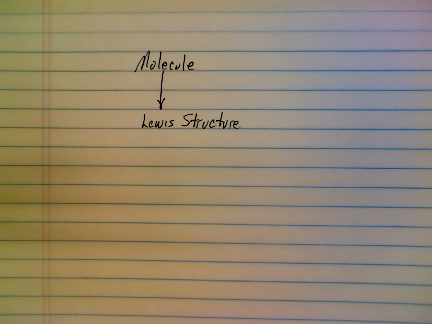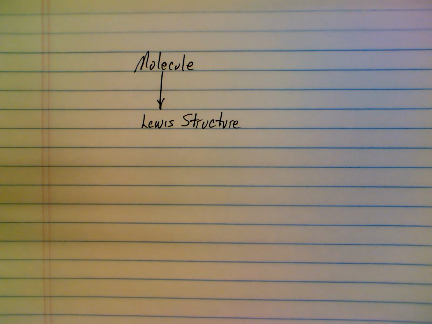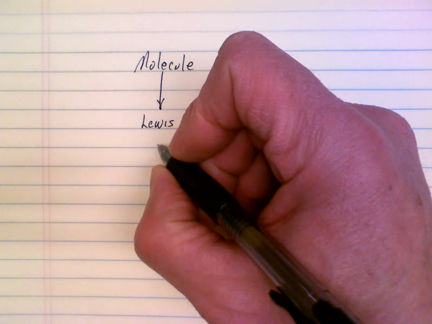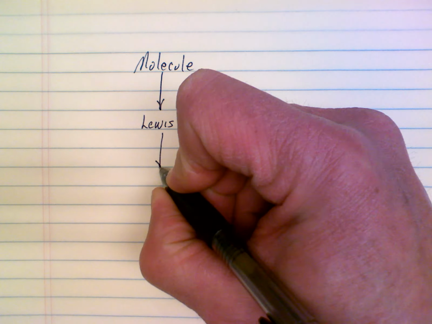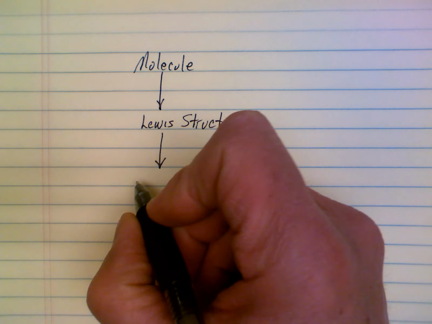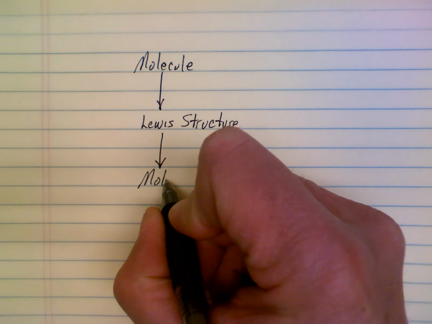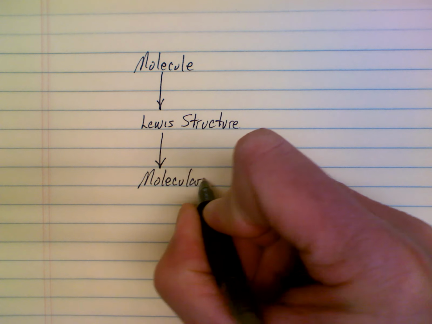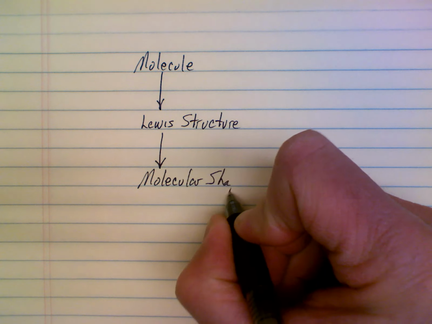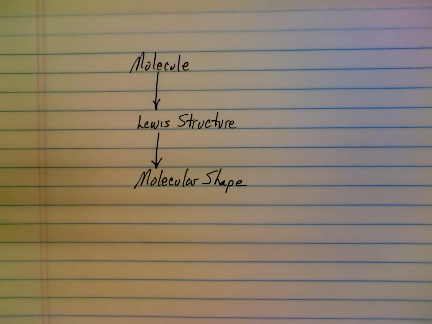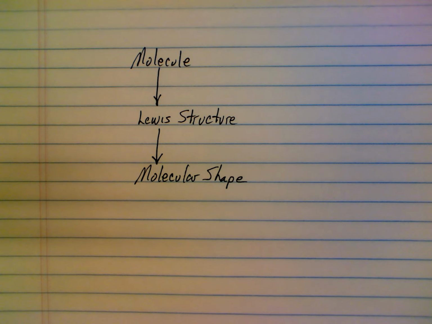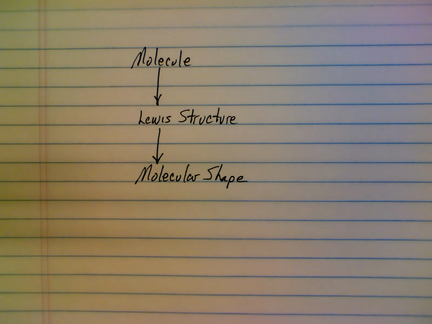Determining if a molecule is going to be polar or nonpolar: we must first consider the Lewis structure. We have to construct that. And then once we've constructed the Lewis structure, we determine the molecular shape, because we need to understand the molecular shape and look at its symmetry to determine if this molecule is going to be polar or nonpolar if it has polar bonds.